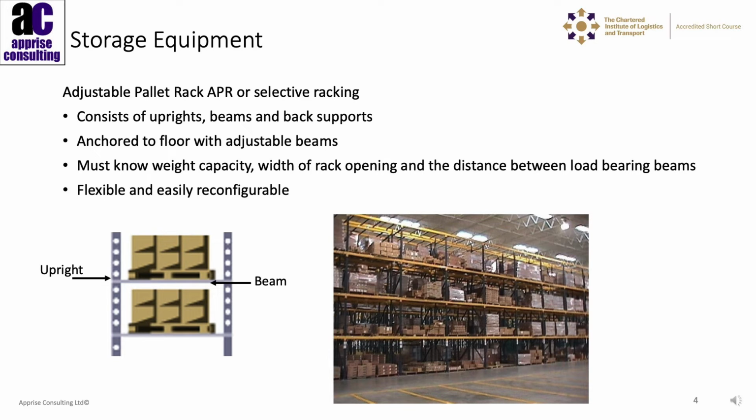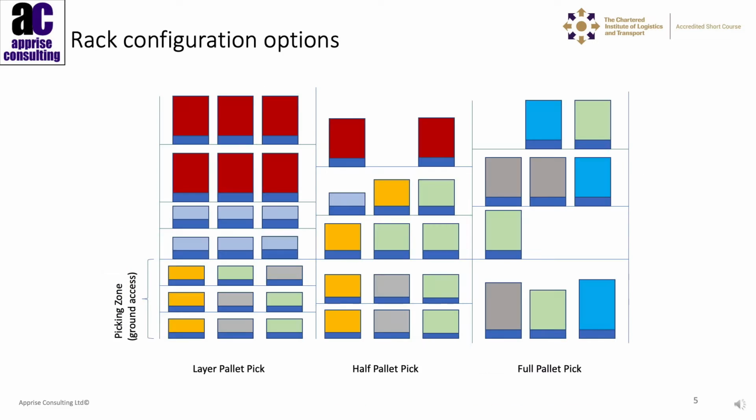The photograph that we can see on the right has the beams all at uniform heights. And as you can see there is, to a degree, a waste of cubic space, as the products are not at the same height as the locations themselves. The advantage, however, is that we can actually access each individual pallet or carton within the rack itself.